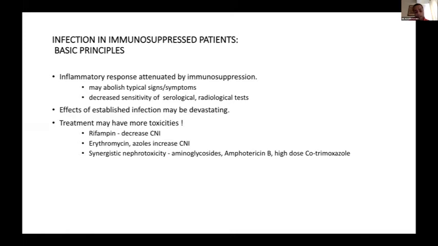Erythromycin and azoles, which inhibit the cytochrome P450 system, increase your CNI levels and can lead to nephrotoxicity. Drugs used to treat infections can also cause nephrotoxicity, like your aminoglycosides, your amphotericin B, and high doses of cotrimoxazole to treat Pneumocystis jirovecii pneumonia.